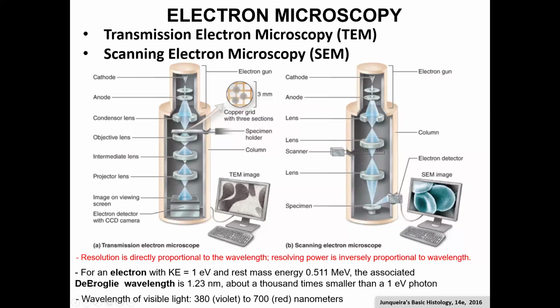And this is because the electron has an associated wave, the de Broglie wavelength, that is about 1,000 times smaller than the wavelength of the light that is used in the light microscope.